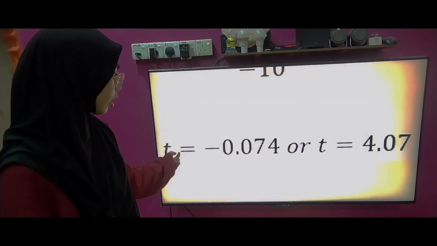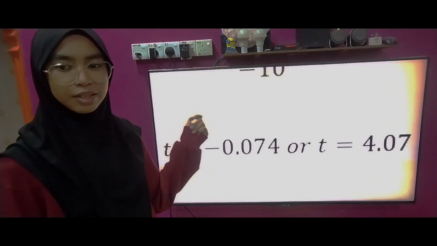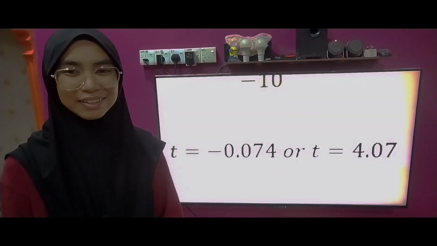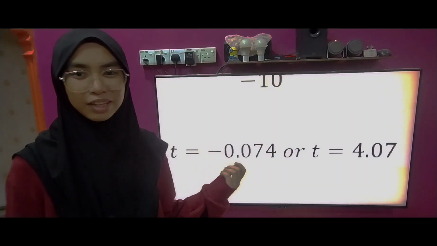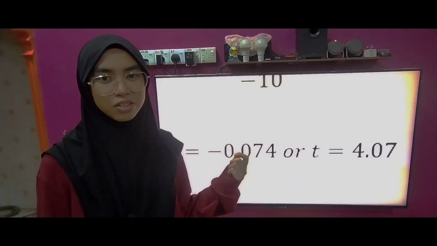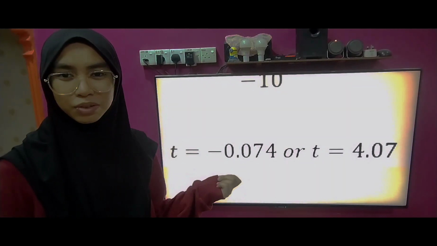But you cannot use the negative value, so we'll just ignore it. This is because, do you know why? Why can't the time value be negative? Well, it's a known fact that negative time just doesn't exist. So there's no negative 1 hour and so on.